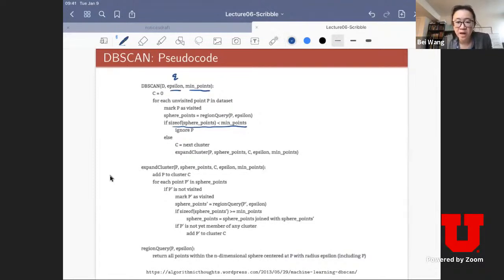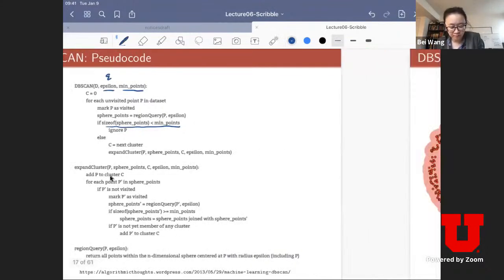Otherwise, I'm going to expand the current cluster, right? So this pseudocode is basically saying: is my point an outlier? If it's an outlier, I'm going to ignore it. If it's not an outlier, I'm going to start expanding the cluster based on the current dense region, okay? So I'm not going to go into detail, but it's important to go over this to really understand what dbscan does, as described at the high level.